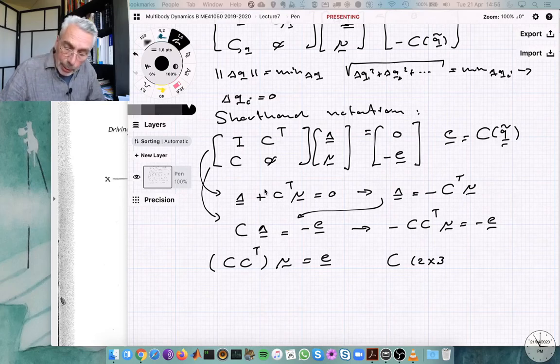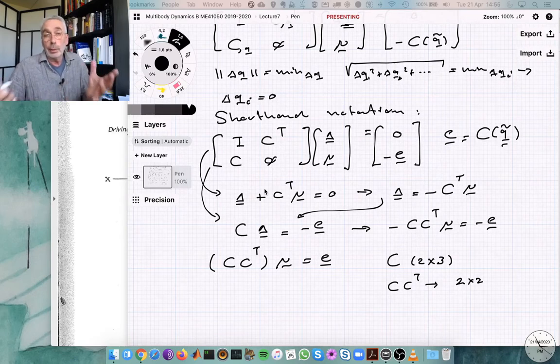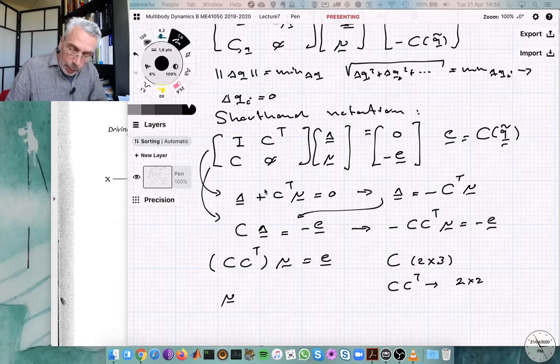So it's a 2 by 3 matrix. So in the end, C times C transpose comes down to a 2 by 2 matrix. And that makes sense, of course, because we have two multipliers and the errors in the constraints are two errors. So hopefully, and you will see in most cases, this 2 by 2 matrix is invertible, that should work. So we can write mu equals C times C transpose to the power minus 1 times E.